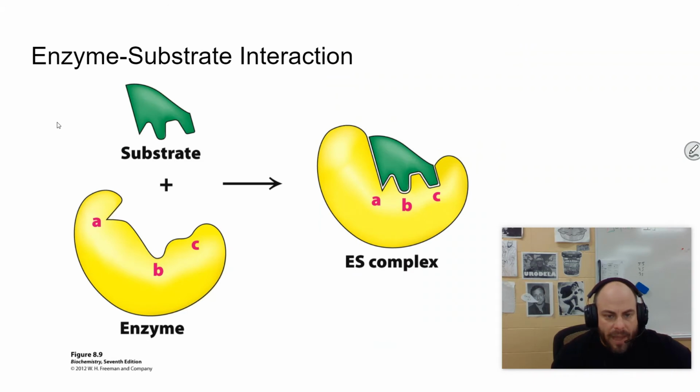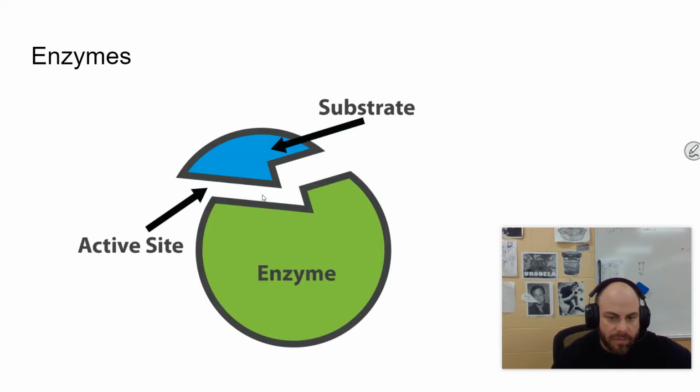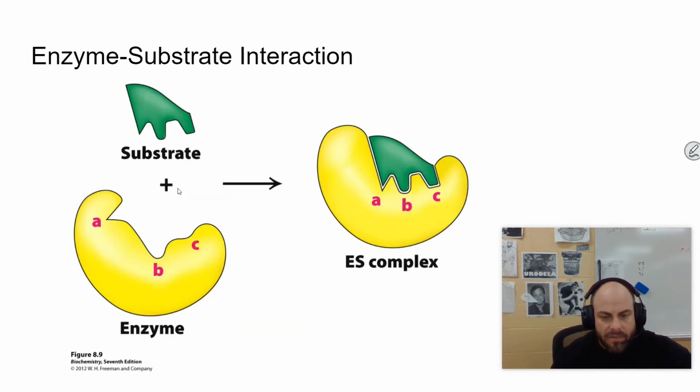Let's talk a little bit more about the active site. The active site specifically interacts with the substrate. It is not just any active site. It is an active site specifically for this substrate in this particular example. If you want to go back to the previous one, notice this active site only fits this substrate. So it's very specific. The fit is not exact, and we call it an induced fit.